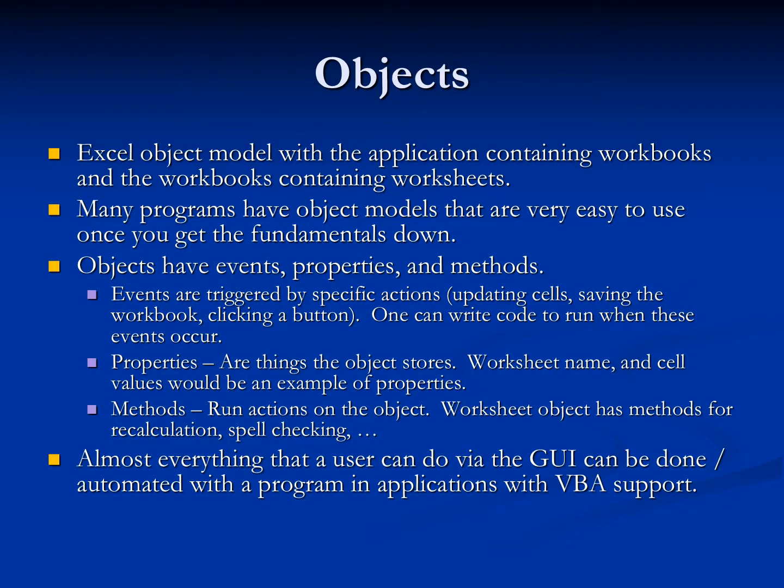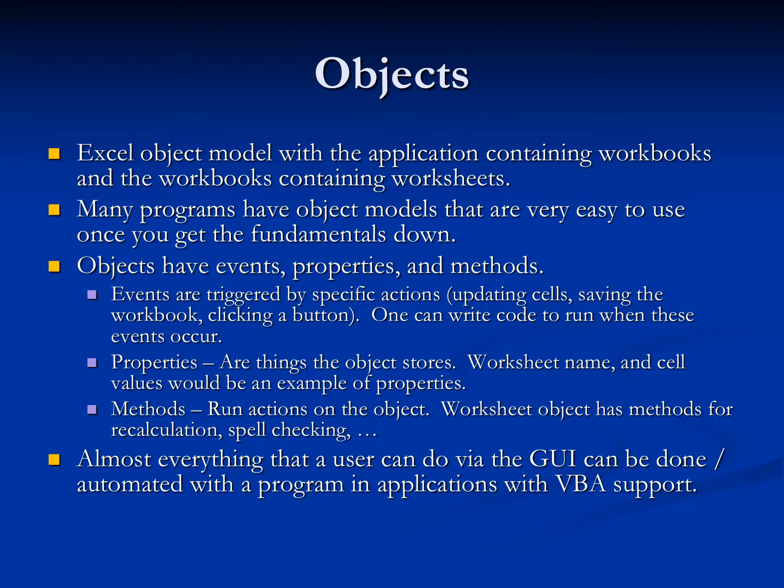Now, Excel has an object model, and many programs have object models that are pretty easy to use once you understand the fundamentals. So in Excel, we have the worksheet object, which is inside of the workbook, which is inside of the application.